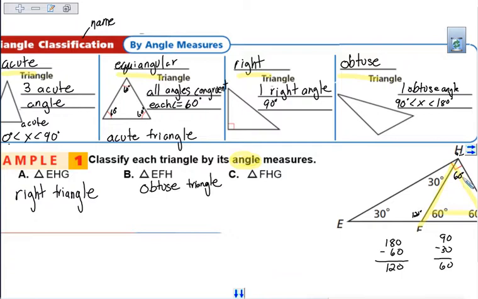All three of these angles are acute, so this is an acute triangle. But also, all three of these angles are 60 degrees. They're all congruent, which makes this also an equiangular triangle. Yes, you do need to put down both acute and equiangular when we have a problem like this.